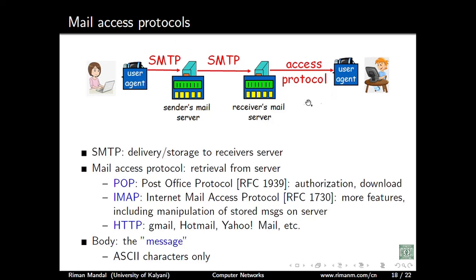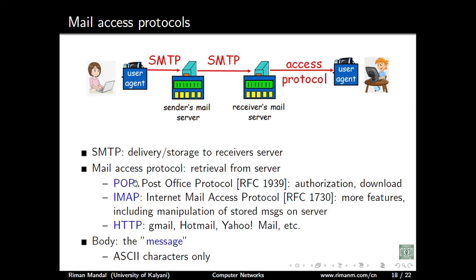It is required to read the mail by the user agent. SMTP will only deliver and store the message or the email on the receiver's server. Afterwards, it can't do anything. After that, we need mail access protocols to retrieve the mail. The receiver will retrieve the mail from its own server using the mail access protocol.